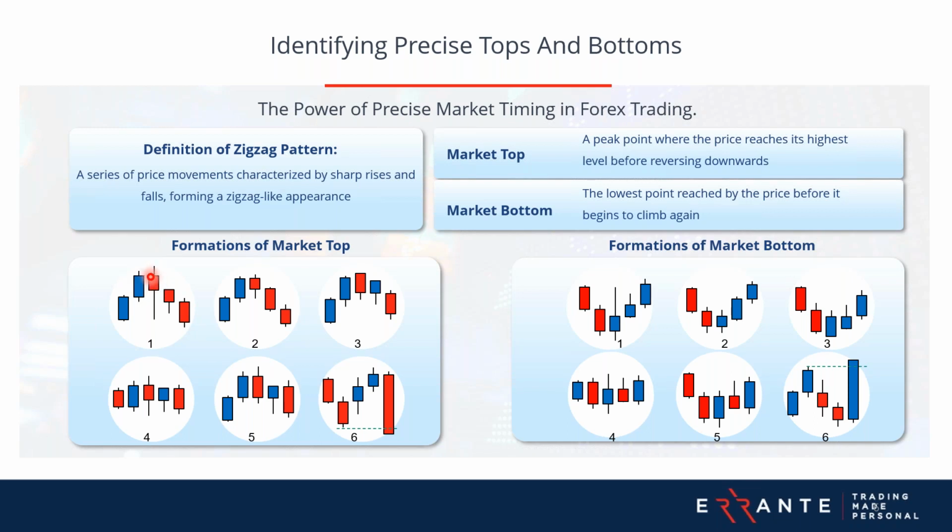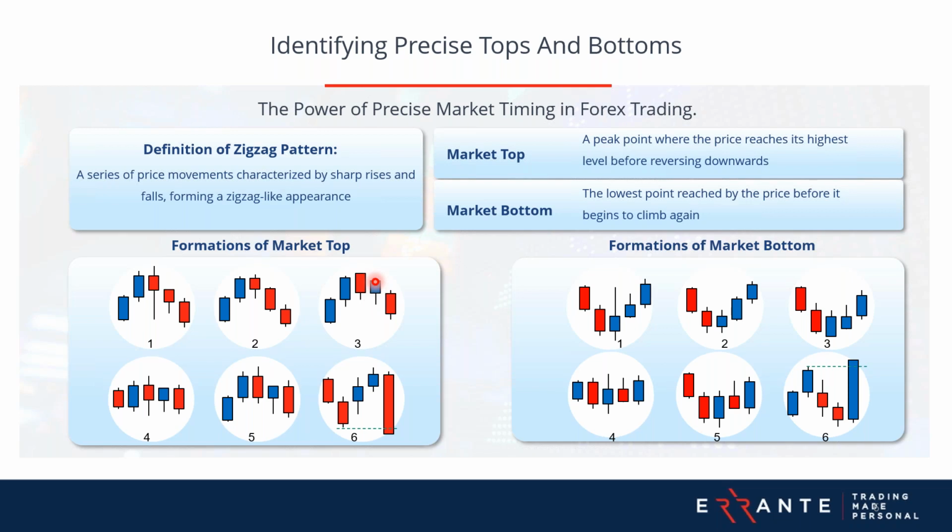It can get a shape like this, standing as a highest high very clearly, or sometimes it comes with a double top, a matching top with two candles, or sometimes it's not a bullish candle as you might expect. It's a bearish candle, and it's not followed by a bearish candle.